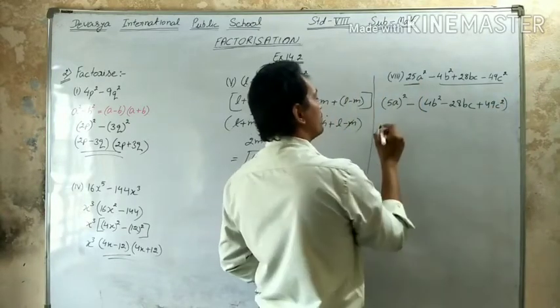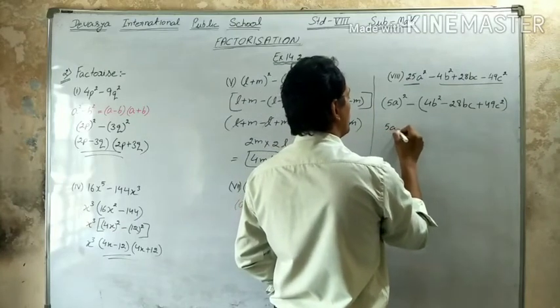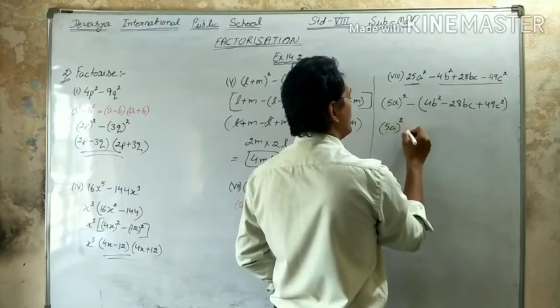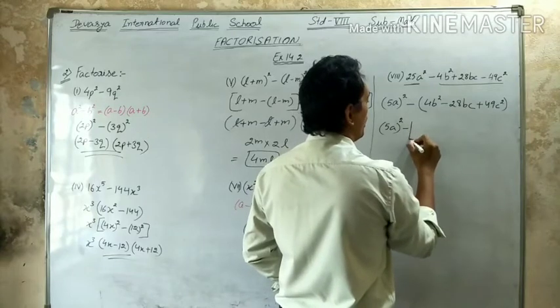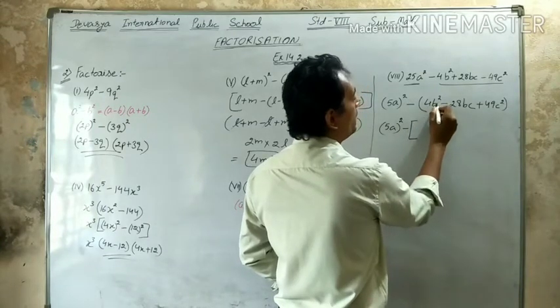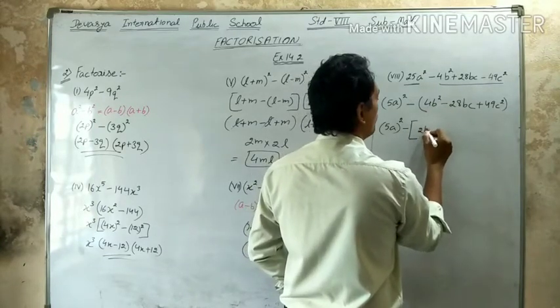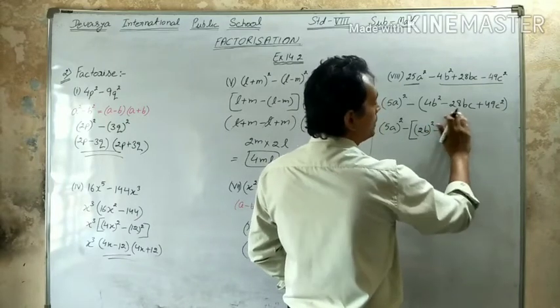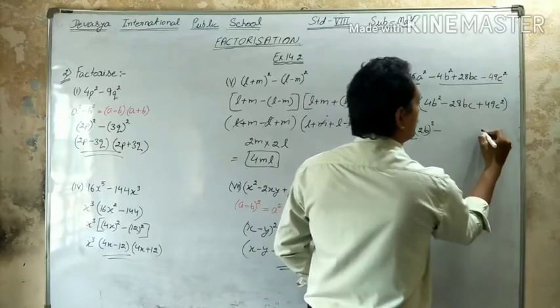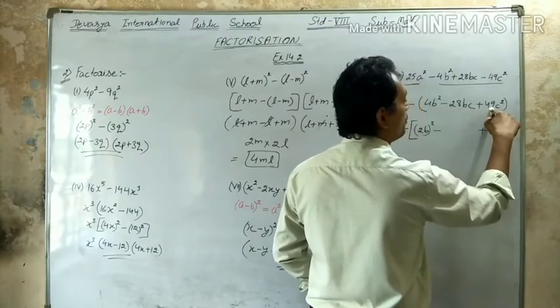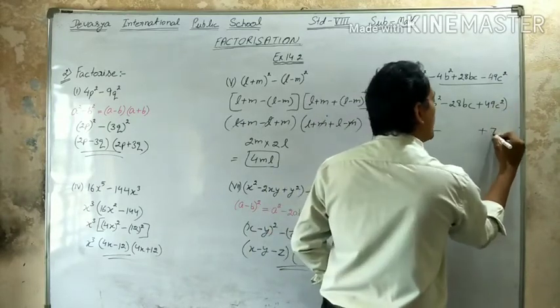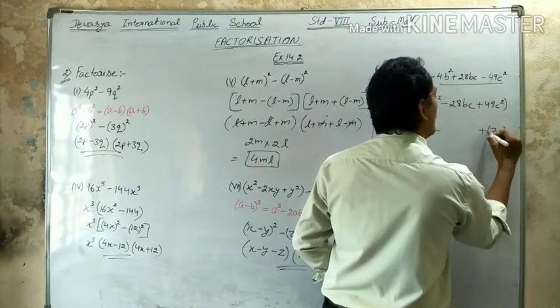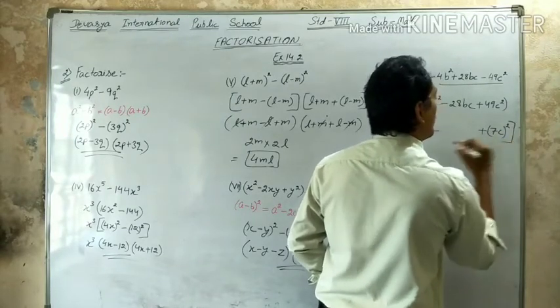We can modify this expression by writing it like this: 5a whole square remains as it is, minus, we put a square bracket, 4b square can be written as 2b whole square, minus the middle term we will write later on. The last term is 49c square, which can be written as 7c whole square, bracket close.